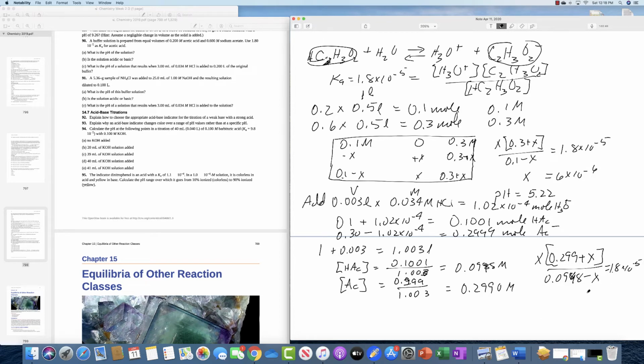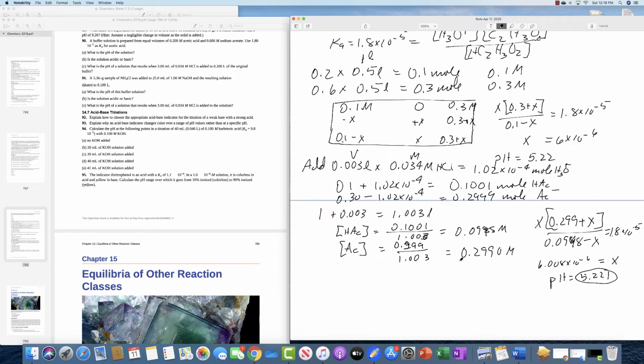This is a 9 here, sorry about that. And if we do the math here, again, assuming these X terms approach 0, then 6.008 times 10 to the minus 6 is equal to X, and that pH is now 5.221. So adding this concentrated acid did not change the pH significantly. And that's how buffers work: you can add strong acid to a system and you don't end up causing a significant shift in pH.